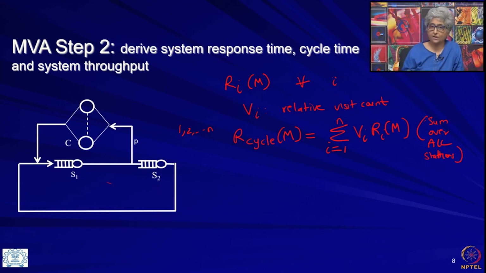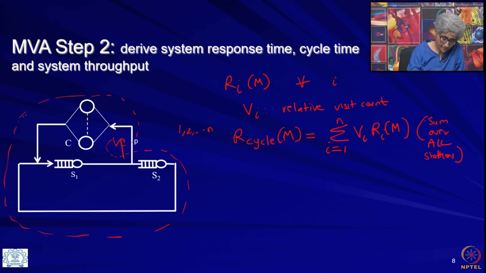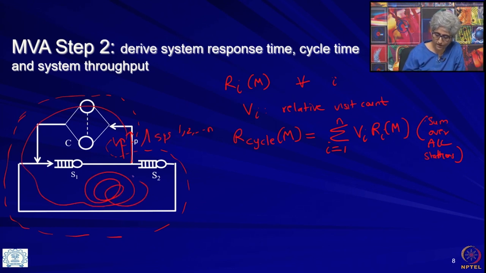Now remember that just like in the closed queuing system with single server, we had defined a very interesting Little's law region. We will define the same kind of Little's law region here. Remember that this is our system throughput arc. So, we will define the Little's law region like this. The request is exiting and entering instantaneously, the flow through this is lambda sys, and the time from entering, doing all of this cycle and then exiting is R cycle.